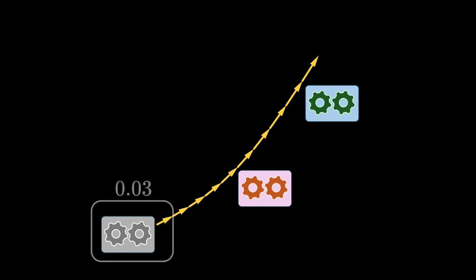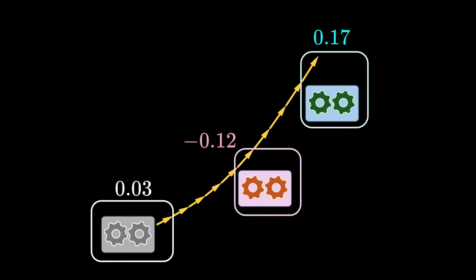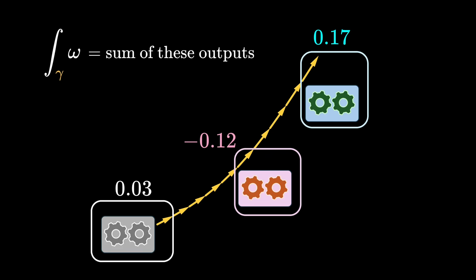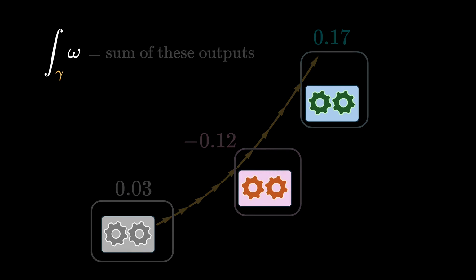After taking in the vectors, the machines spit out some numbers. The line integral is the sum of all these outputs from the different machines. We write this as the integral of the differential form omega along the curve gamma, where omega is the collection of machines at different points, which is a one-form that takes in only one vector at each point.